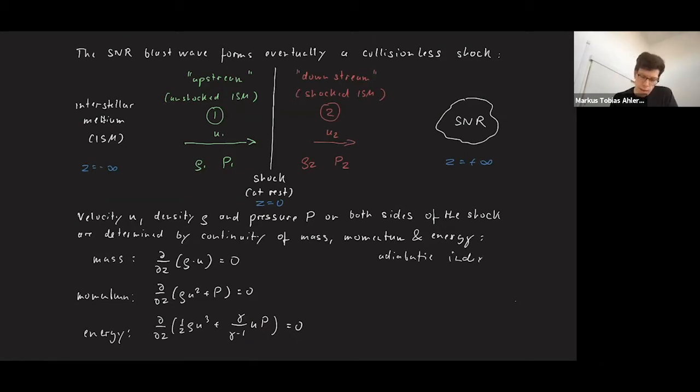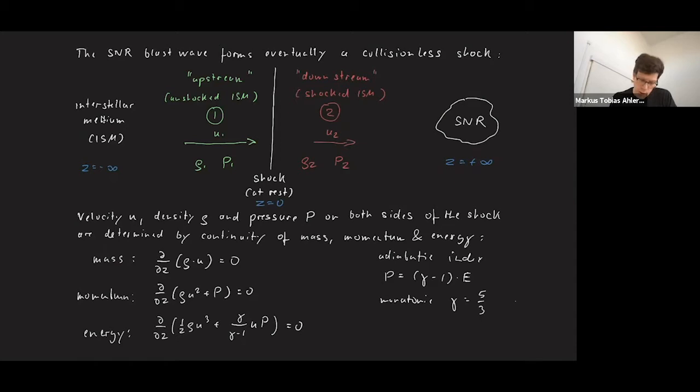The pressure in an ideal gas is related to the internal energy via the adiabatic index gamma minus 1 times the energy. And for a monatomic ideal gas, the adiabatic index would be 5/3. So this is what we are going to use in the following.